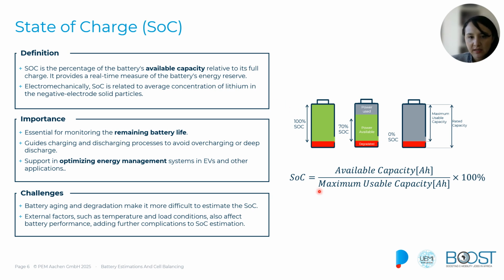This is the equation used to determine the state of charge: the SOC is equal to the available capacity in our system divided by the maximum usable capacity. And it does not take into account the capacity that the battery has lost due to degradation.